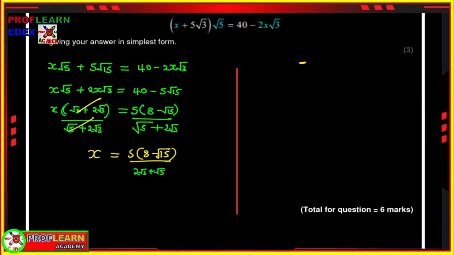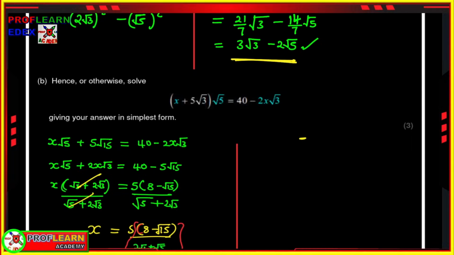Which means that we can use the solution we got in the previous section. So our x is going to reduce to, because of this part that we had done, where we had gotten an answer in the previous section, 3 root 3 minus 2 root 5.